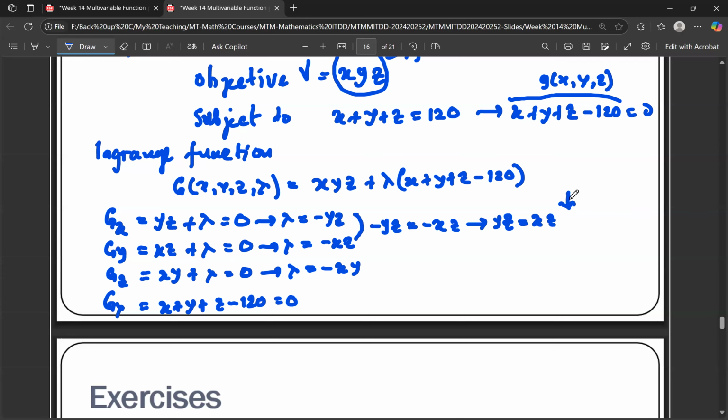Assume that z is not equal to 0, we can cancel out z, and we have y equal to x. What about the opposite, z equal to 0? If z is equal to 0, the problem is not interesting because the value of the function will be 0. So we assume that z is not equal to 0.